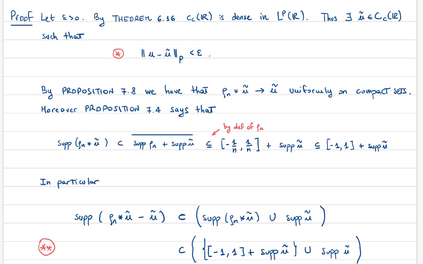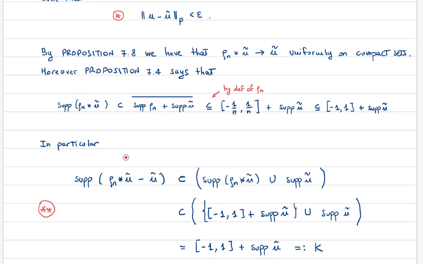And so this set here is contained in the support of u tilde plus minus 1 over n, 1 over n. And this is true for all n in N. So in particular, this interval here is always contained in minus 1, 1. So therefore we conclude that the support of this convolution is always contained in the support of u tilde enlarged by this interval minus 1, 1.